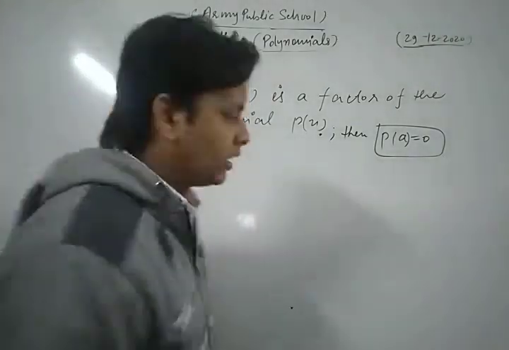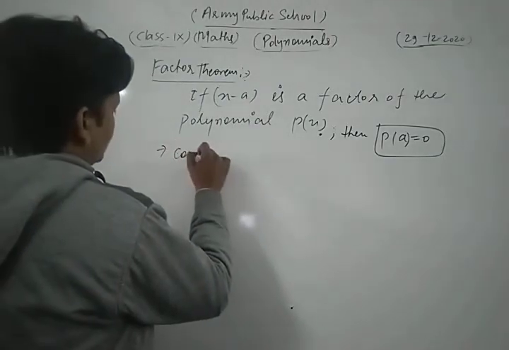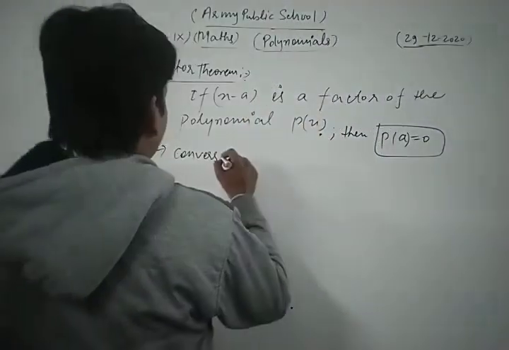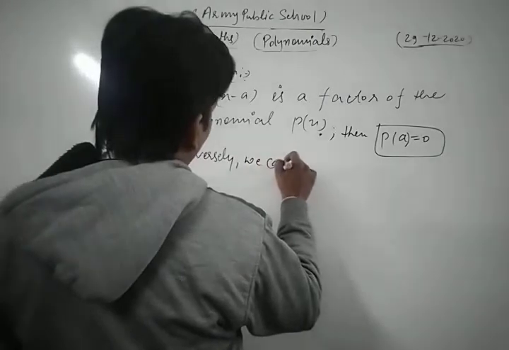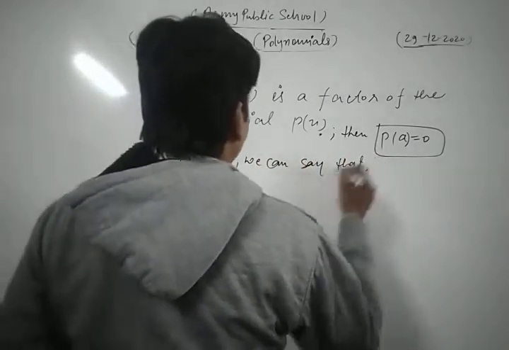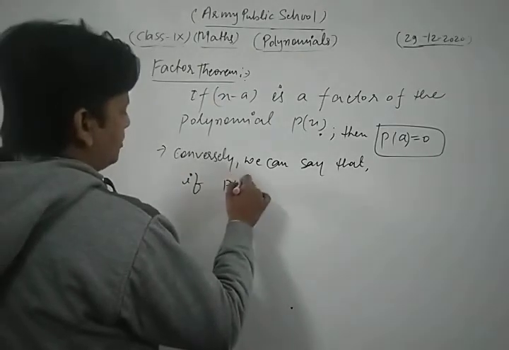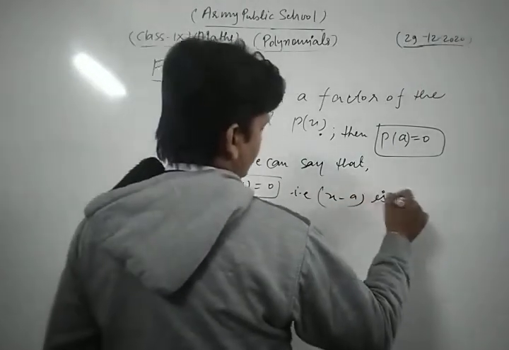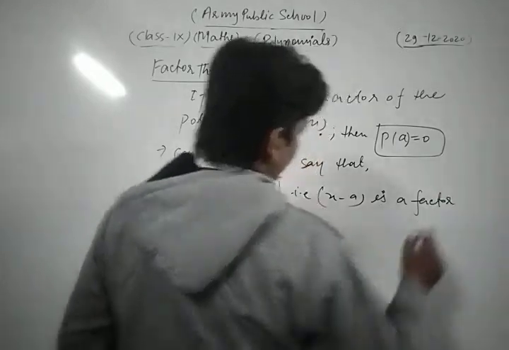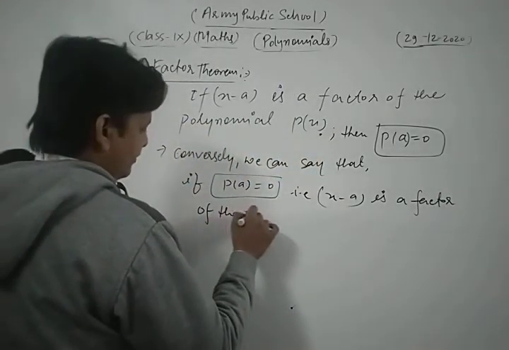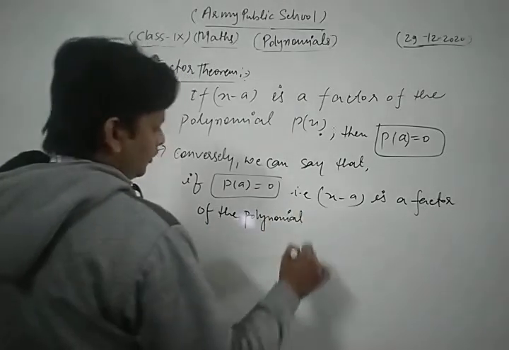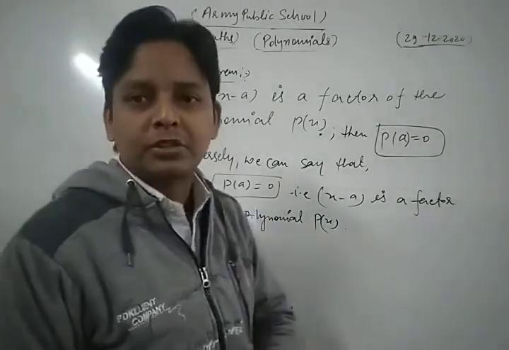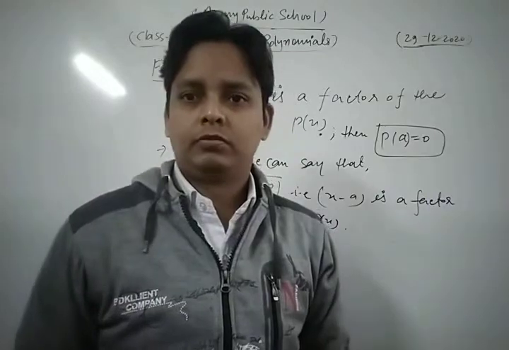Conversely, we can say that if p of a is equal to 0, then x minus a is a factor of the polynomial p of x.